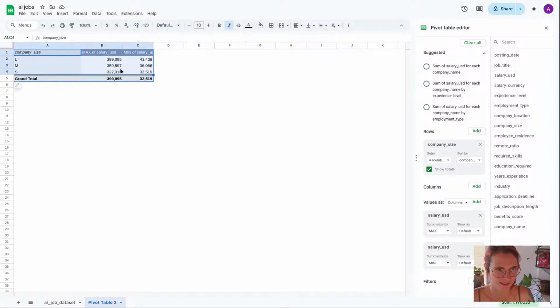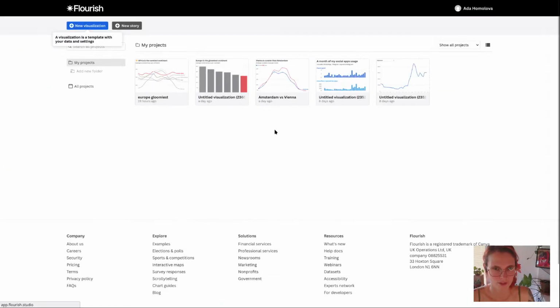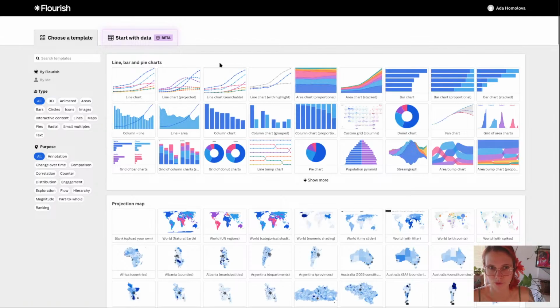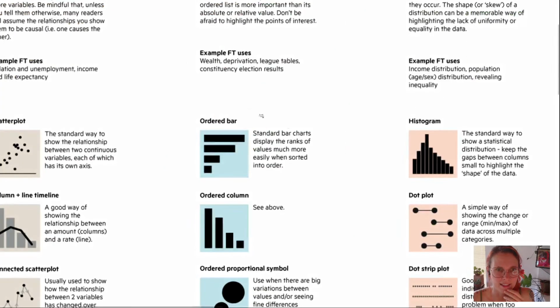Now this is my data set, and I'm going to use Flourish for this. You can use anything else. You can use also your Excel, doesn't really matter. And so I'm going to revisit my chart doctor, and I want to show basically the difference between those two, like how far they are apart, and that would be ranking, I think.